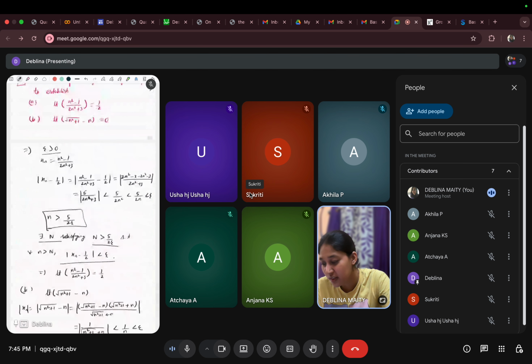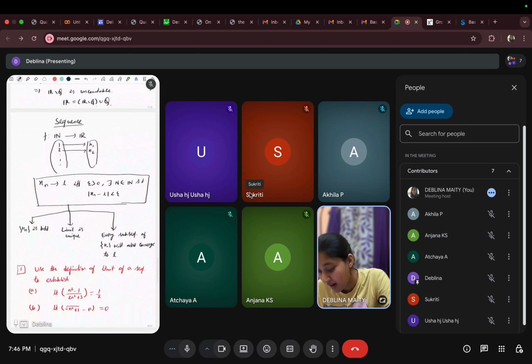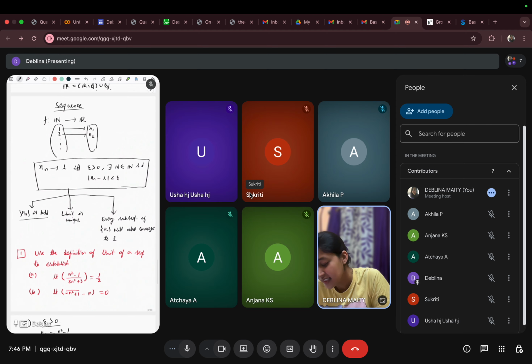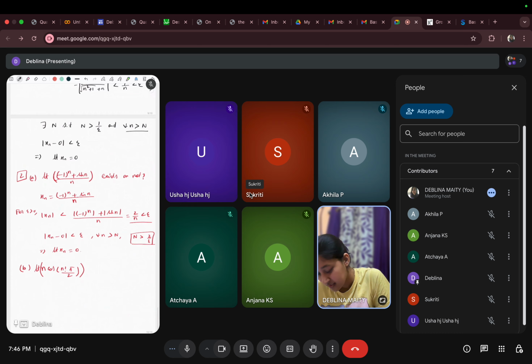I have told you, if a sequence is convergent, it must satisfy all these properties. It has to be bounded, the limit is unique, and every subsequence converges to the same limit, right? So now look at this sequence, n cos n factorial pi by 2.